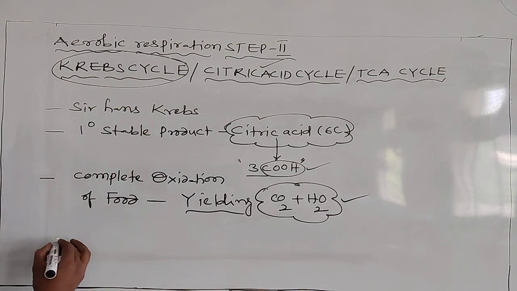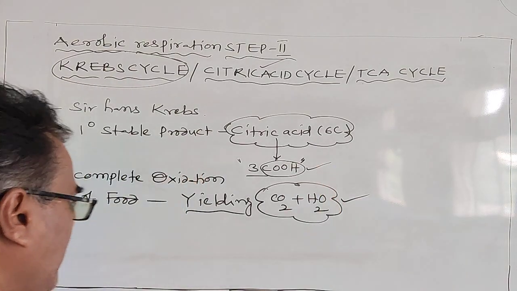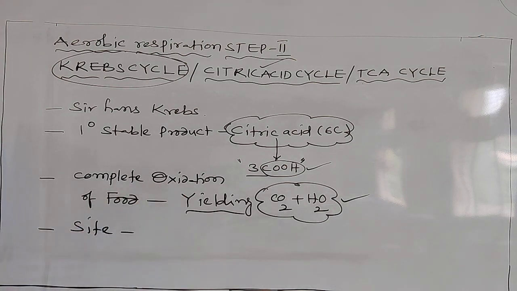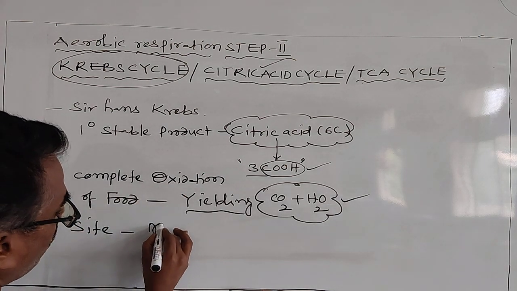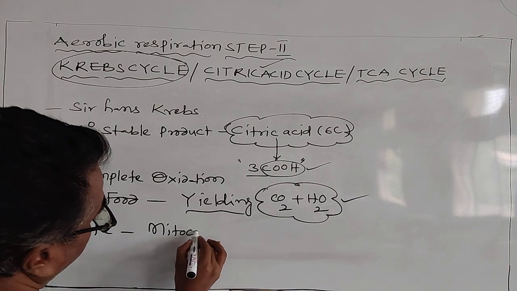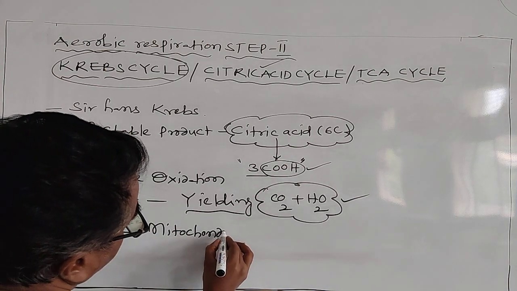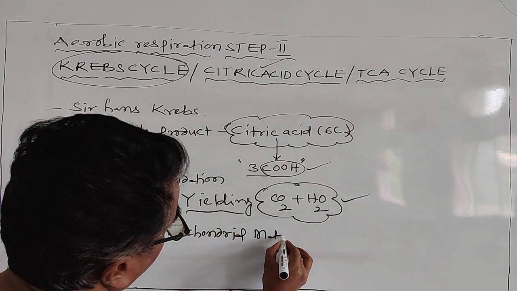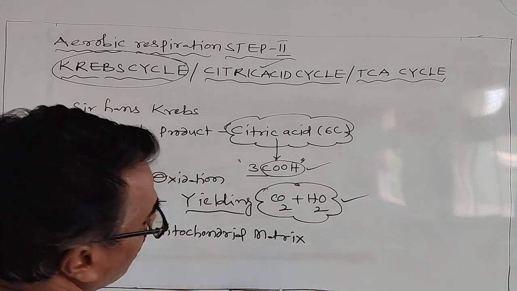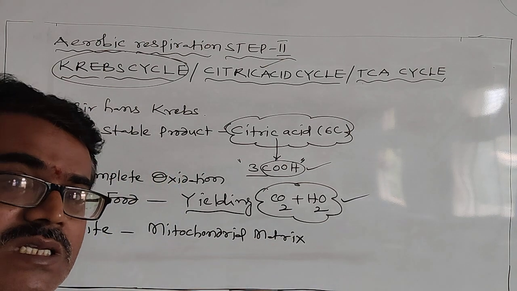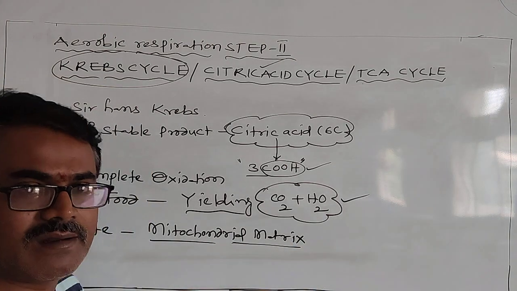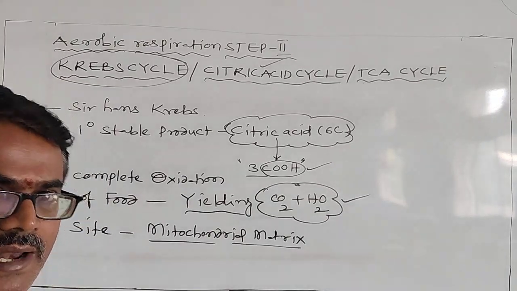Next, where does this Krebs cycle take place? The site of the Krebs cycle is the mitochondrial matrix. In the previous class we discussed step 1, glycolysis, which takes place in the cytosol of the cell.